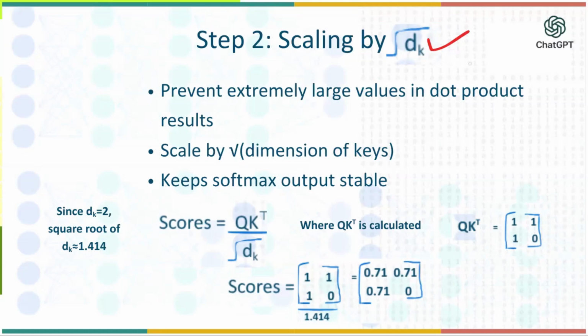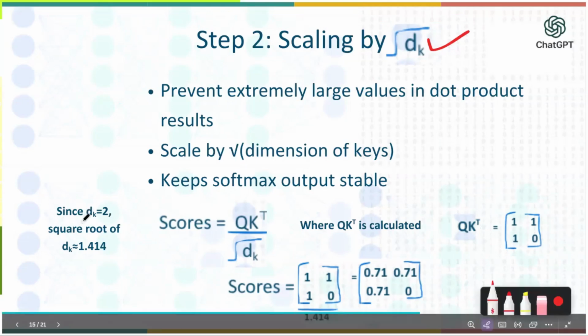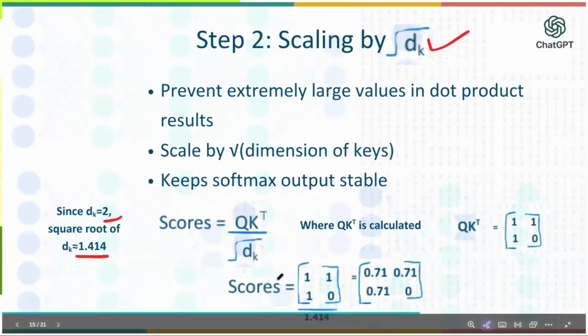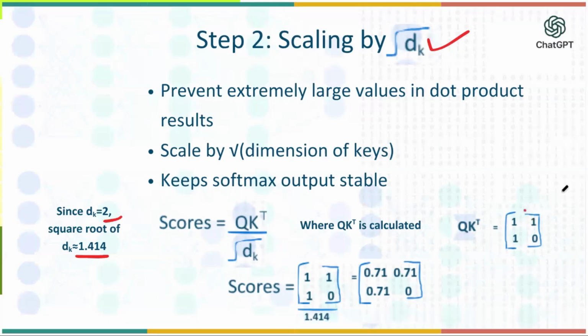So the rule is simple. Since the dimension of the key matrix is 2, the square root of the dimension of the key is approximately 1.414.